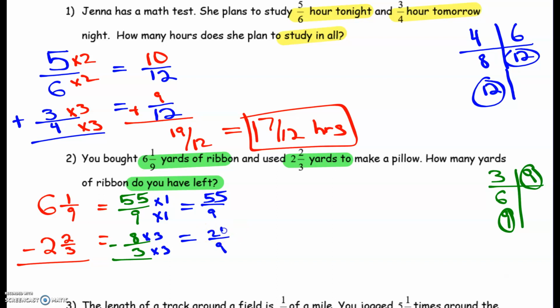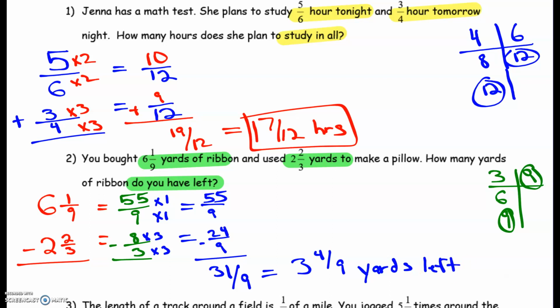And we get 24. But we cannot forget that what we're going to do with these numbers is subtract them. So once I find the difference, I get a difference of 31 over 9. And that is equal to 3 4/9 yards of ribbon left.